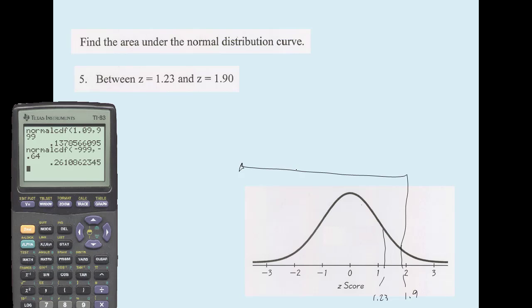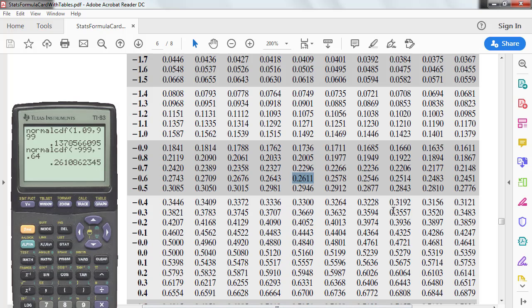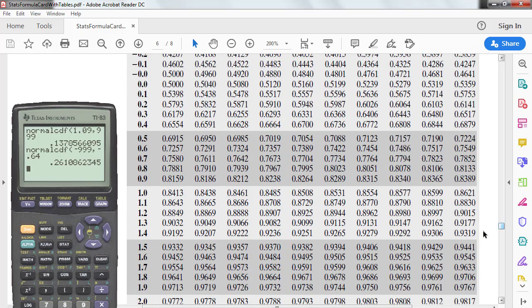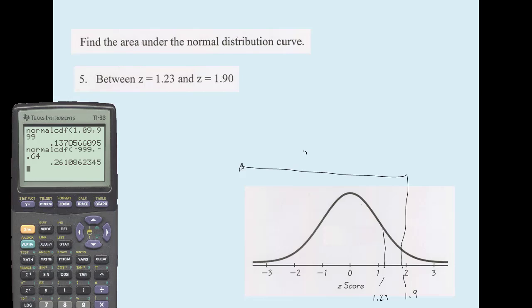So I want to find the area to the left of 1.9 first. Let's go over to the table, and I want 1.9. 1.9 is 9713 right here. So I'll go back to the chart. 9713, so 0.9713.